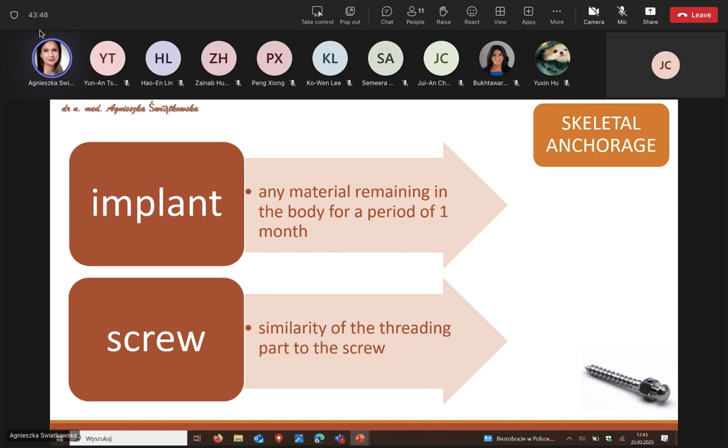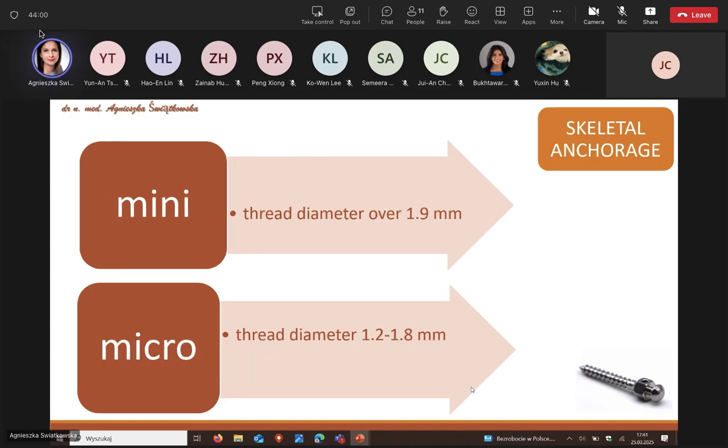Screw. Why? Because it's very similar, especially the treating part, to a screw. You can see it here. Okay, mini, micro. Very often, students use the words mini implants, orthodontic mini implants. What is important here?